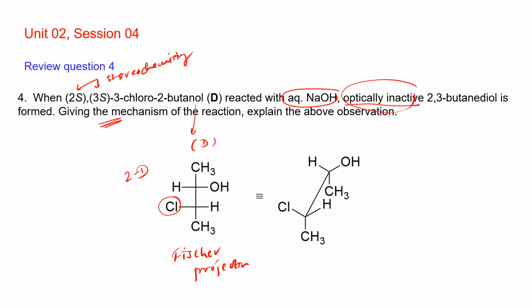So this is a 2D representation of the same molecule. The chlorine and hydrogen are coming up. This hydrogen and hydroxyl are also coming up. And the other two groups are going down. That is the meaning of this 2D Fischer projection. So then you can draw this model as well.